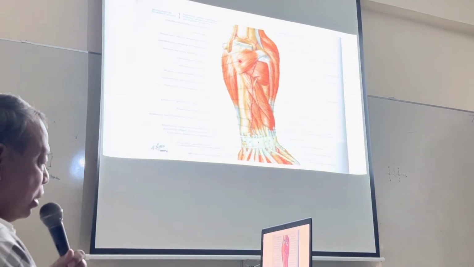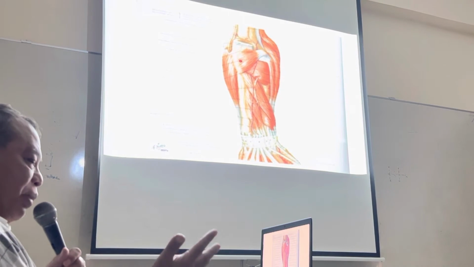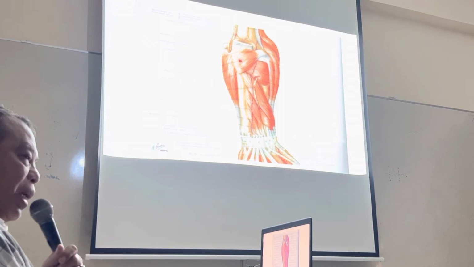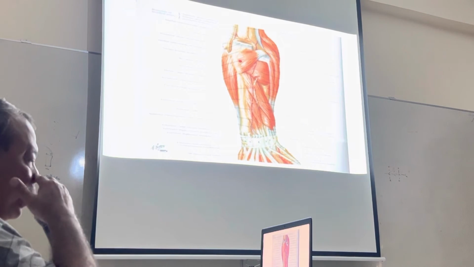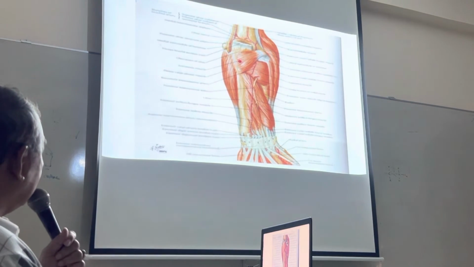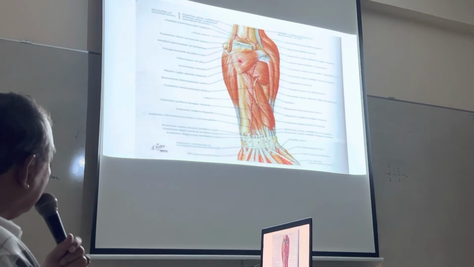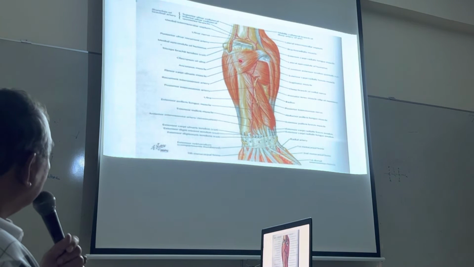The index finger. What is the index finger? First or second? The second finger is the index finger. So this muscle extends the index finger. These are the muscles of the group.